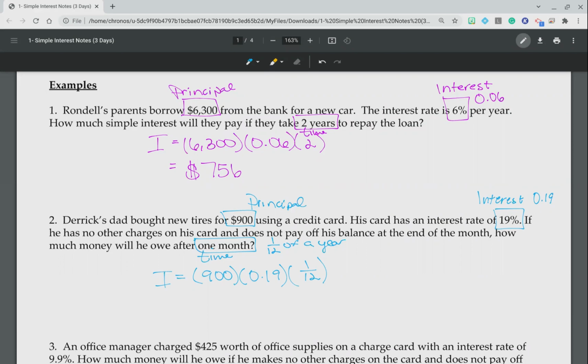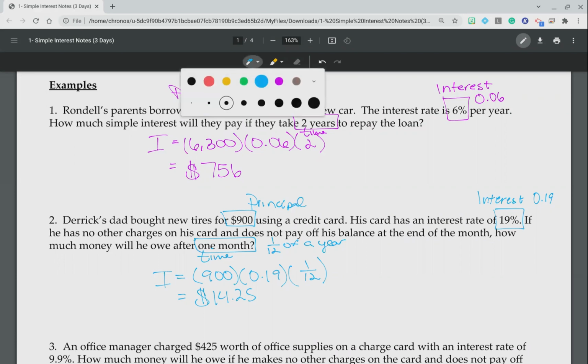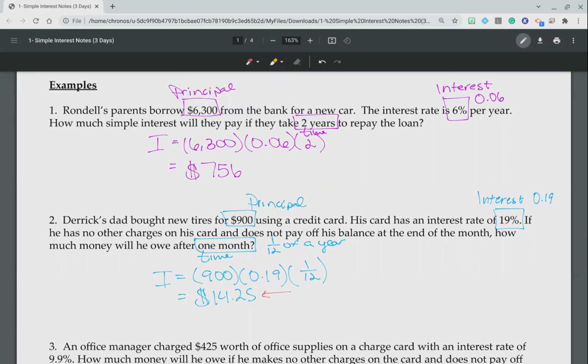So when I plug that in my calculator, I get $14.25. Now this question says, how much will he owe after 1 month? This is the interest he owes.